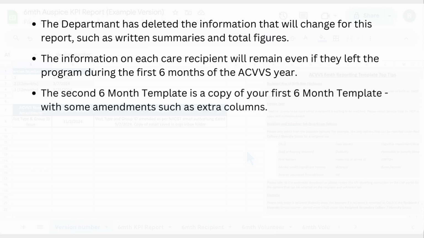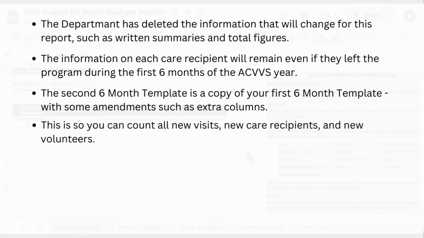The second 6-monthly template is a copy of your first 6-monthly template, which has some amendments, such as extra columns to fill in. This is so you can count all your new visits that have taken place, add new care recipients who started receiving visits in the Jan to June period, and add any new volunteers to the Volunteer tab.